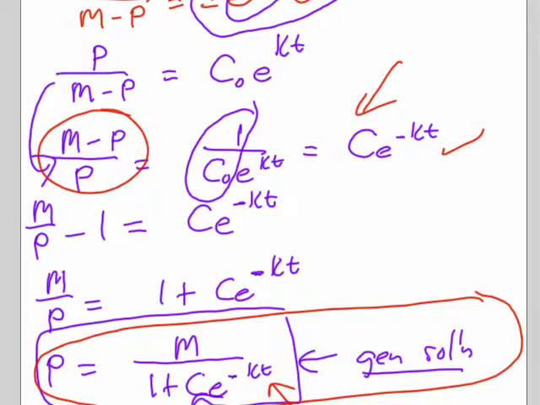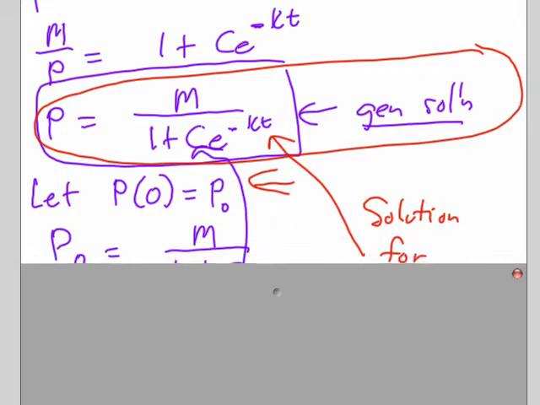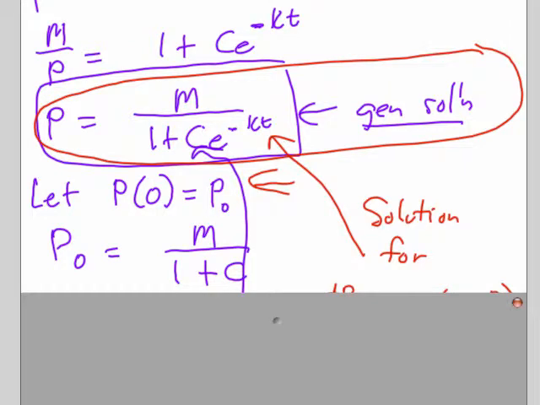Now I want to take this one step further by finding what my arbitrary C is. So what we're going to do is define the population at time 0 to be P naught, and then I can plug that specific information into my equation above.